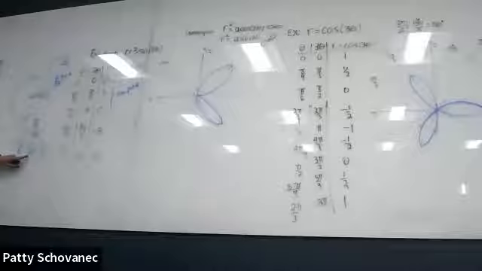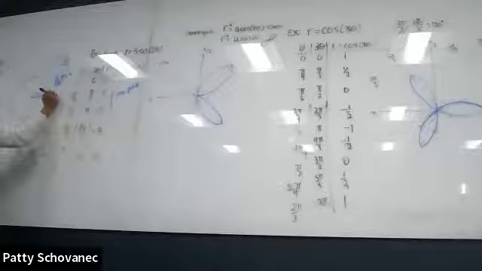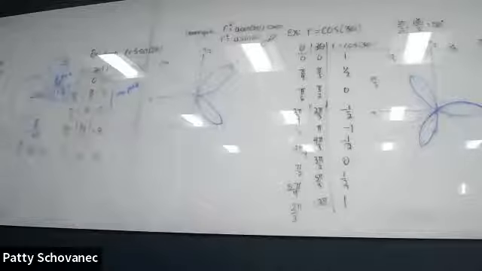Then the pi's will cancel, and so what's left is 1/2 r squared theta is going to be the area of a sector of a circle subtended by an angle of measure theta. That's going to be important.